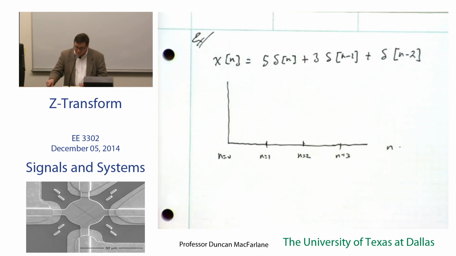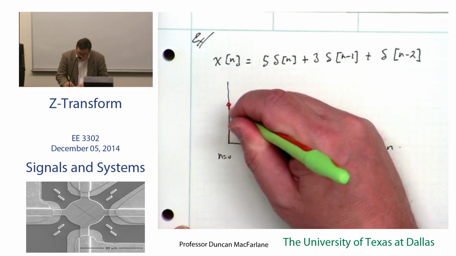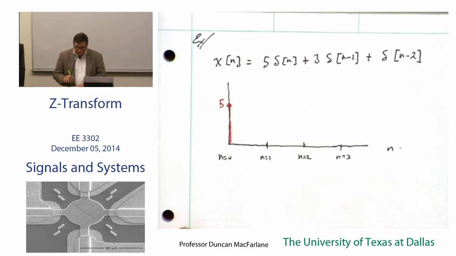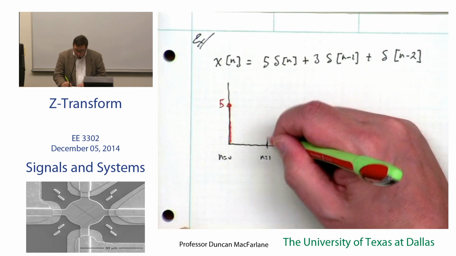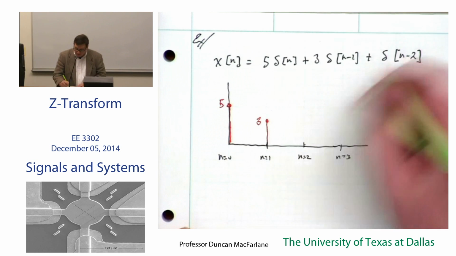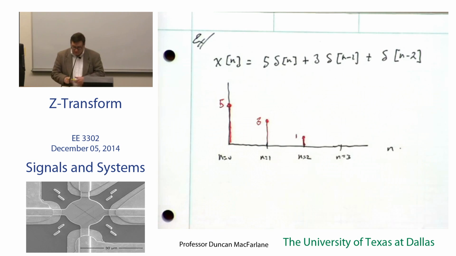I have a point that's 5 units tall at n equals 0, 3 units tall at n equals 1, and 1 unit tall at n equals 2.